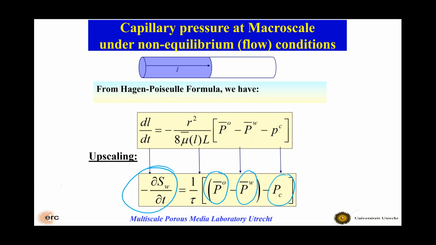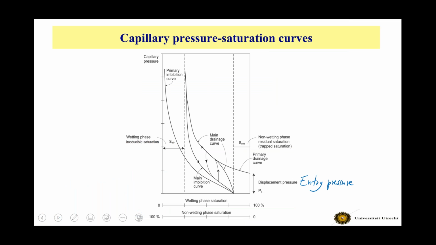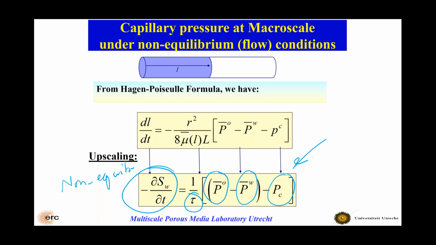This is what we call non-equilibrium capillarity, and there is a coefficient involved, this tau, which is the coefficient of non-equilibrium capillary pressure. We have done a huge amount of work to verify this equation. Not only we, many people have done that, to calculate and measure the tau and how it works for different liquids and so forth. I'm not going to go into that.